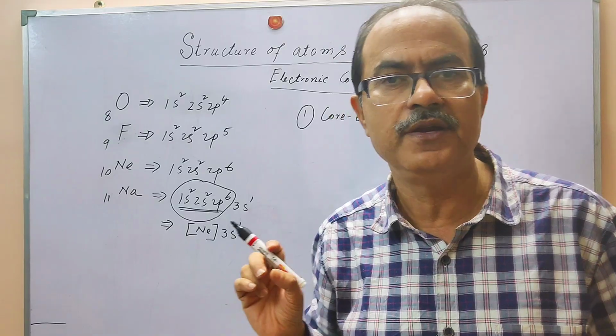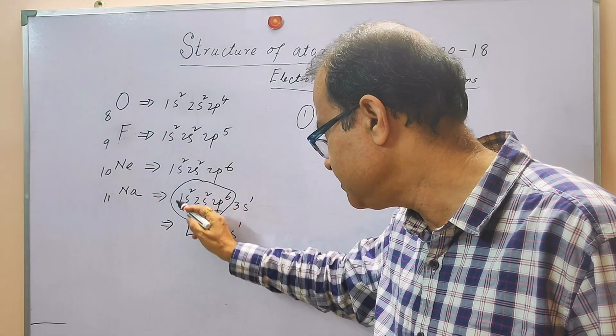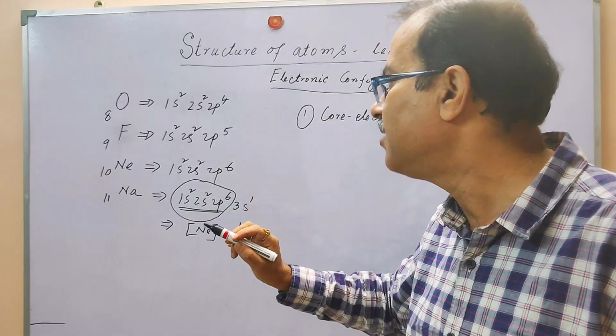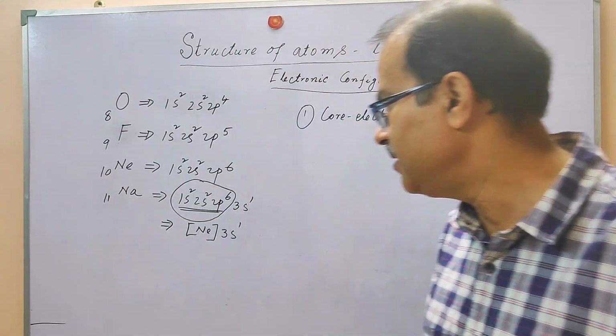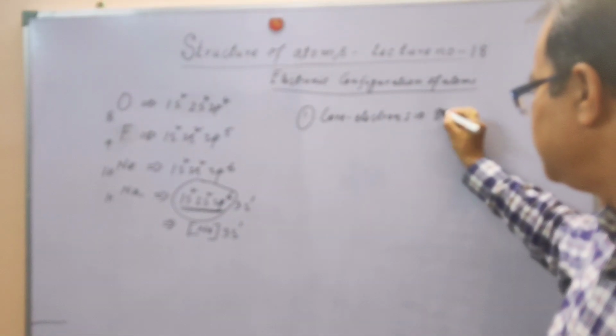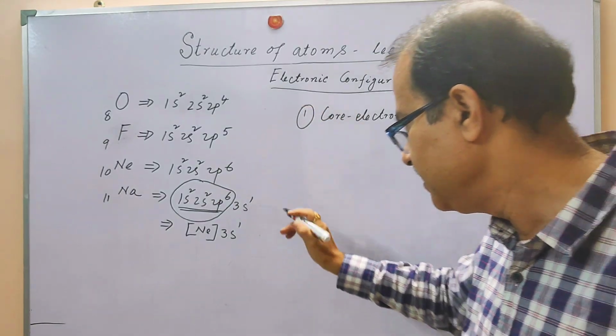You can see in this case, with the neon core in the sodium atom, the core electrons are only 8, because these electrons are the inner electrons and they are completely filled.